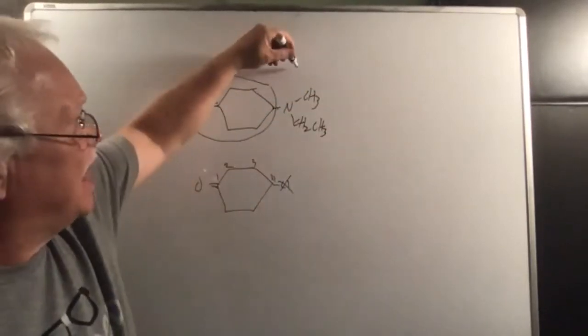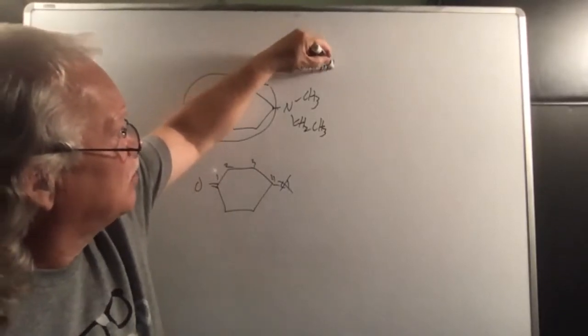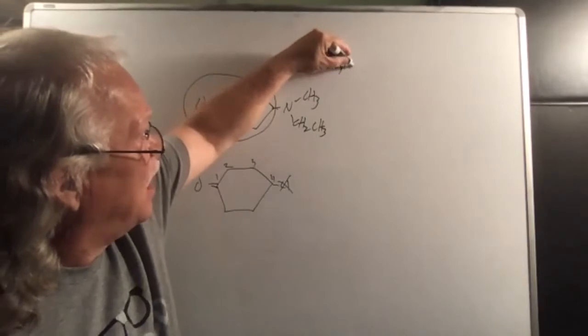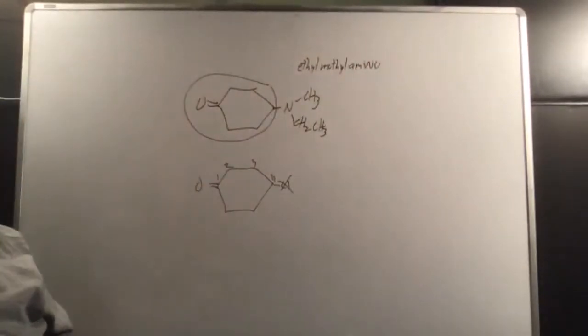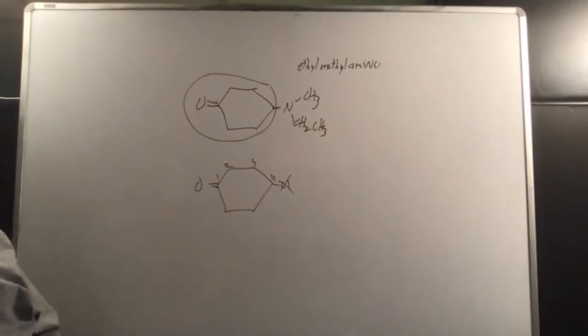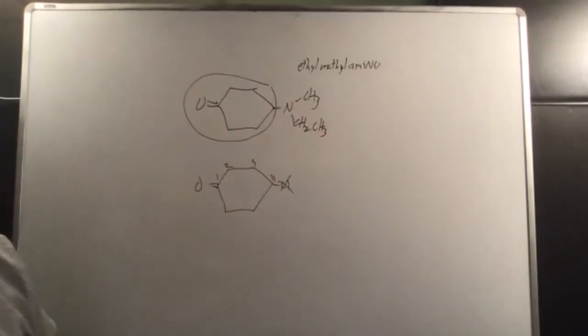And again, that is the ethylmethylamino piece. Again, because it is a nitrogen that gives me the amino, and the 2 groups are different, so I put them in alphabetical order. Ethyl, methyl, amino as the group.